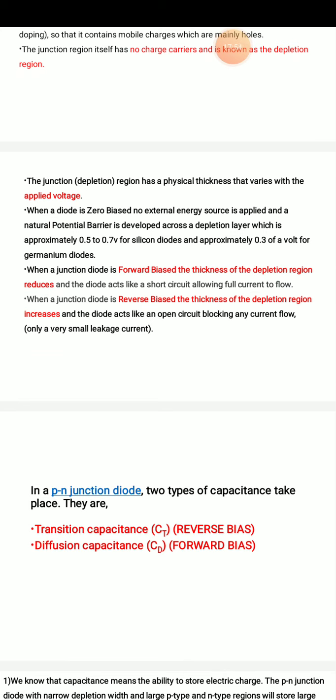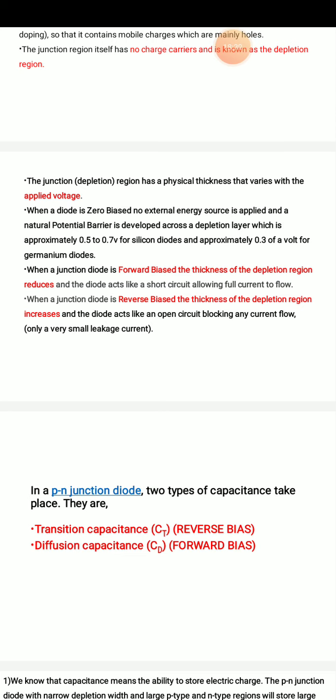We have already discussed the zero bias condition, the forward bias, and the reverse bias condition. In zero bias, no external voltage is supplied and a natural potential barrier is developed, approximately 0.5 to 0.7 volt in the case of silicon and 0.3 volt in the case of germanium. When the junction is forward biased, the thickness of the depletion region reduces, as we have already seen in the diagram, and the diode acts like a short circuit, allowing full current to flow.